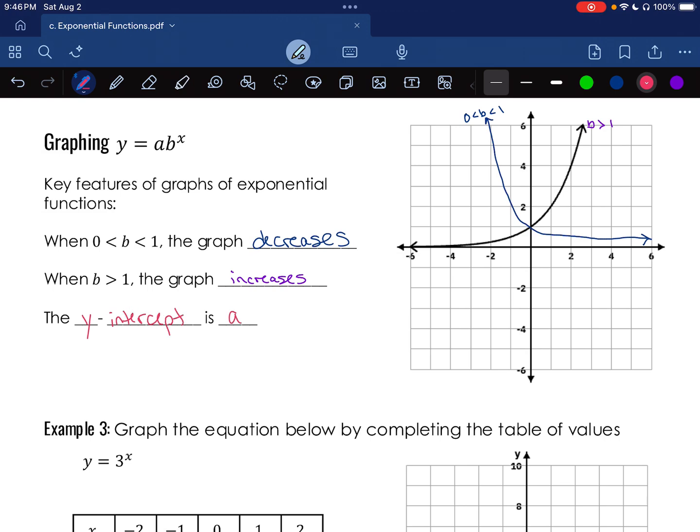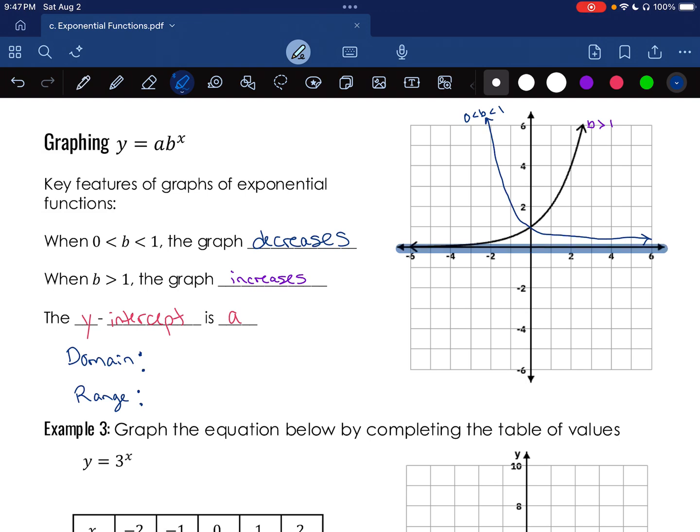Now a couple other things to consider here are the domain and range. The domain and range of both of these functions are the same, whether the decreasing or the increasing one. The domain is the set of all possible x values that our graph takes on, and it keeps going to the left and to the right forever and ever.